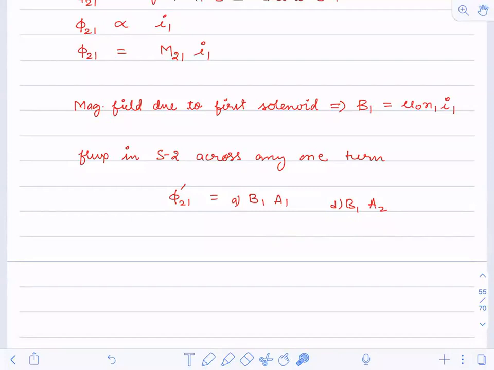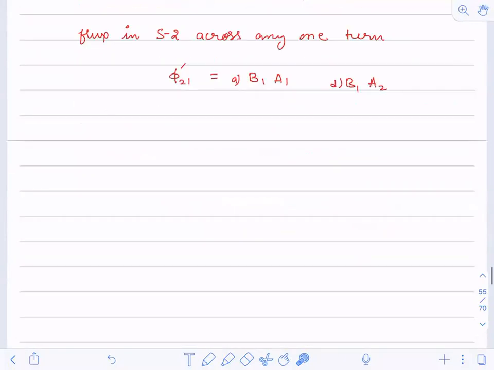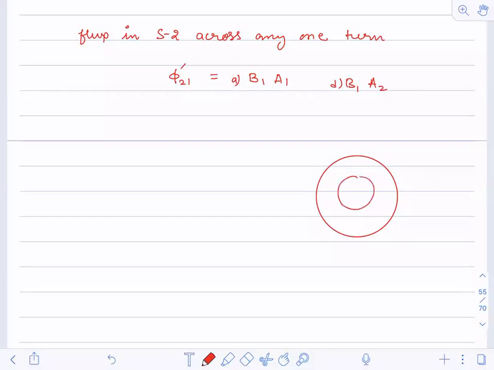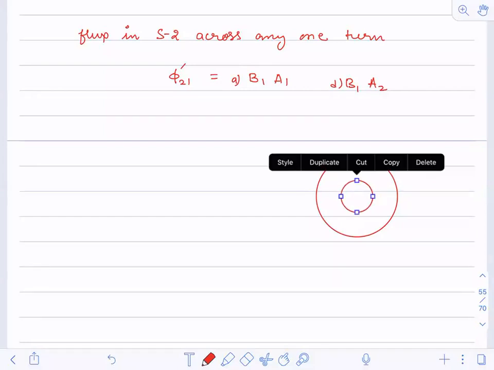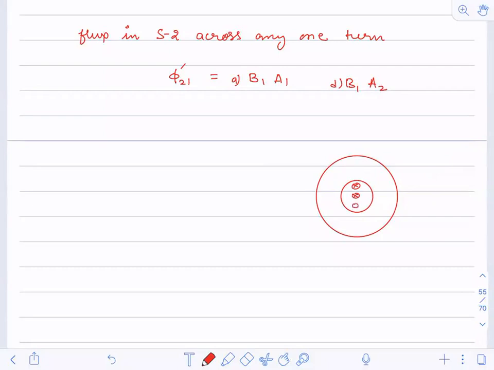We'll talk about the one which is wrong first, this D, and why it is wrong. If this is the solenoid, these are the two solenoids, now the magnetic field is only concentrated over here.